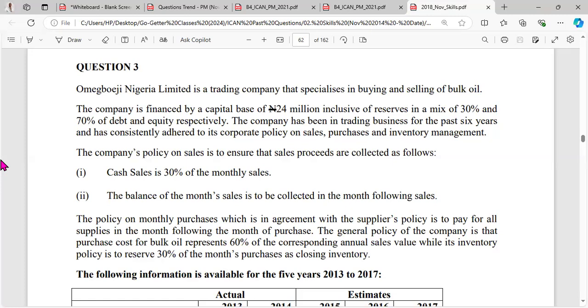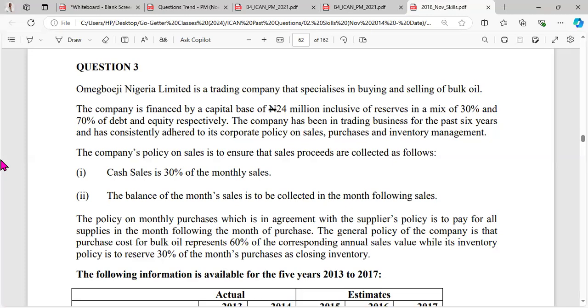The company has been in trading for the past 6 years and has consistently adhered to its corporate policy on sales, purchases, and inventory management. The company policy on sales is to ensure that sales proceeds are collected as follows. Cash sales is 30% of the monthly sales.